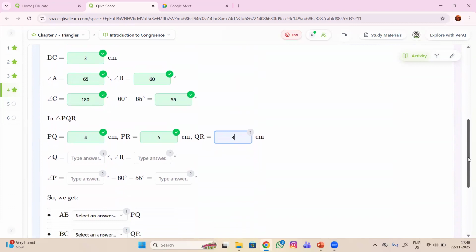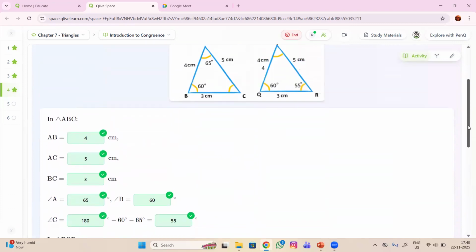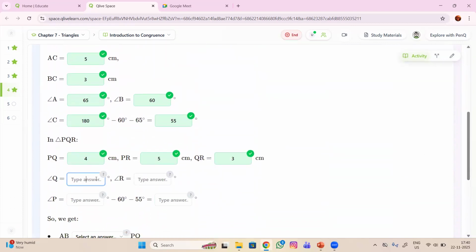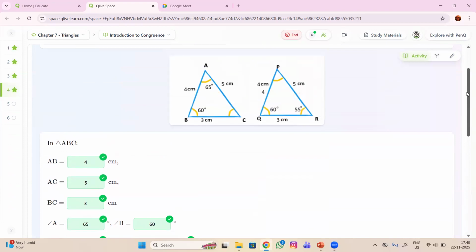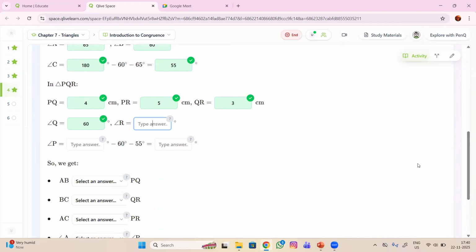Very good. And what is angle Q? Angle Q is 60 degree. And what is angle R here? Look at the figure and answer carefully. Angle R is 55. So what is angle P? We can find out angle P from the angle sum property of the triangle. What is the answer here? Very good, 65.